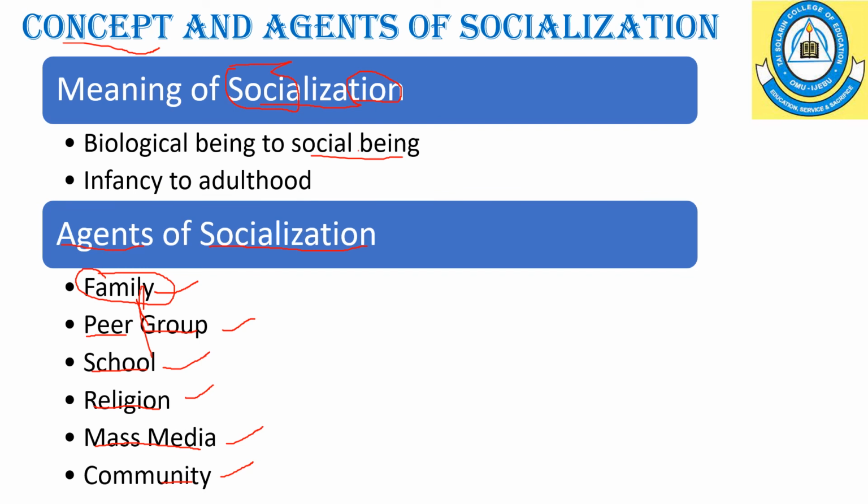So to say, we have been saying so far so good. We've mentioned just 6 agents of socialization: the family, the peer group, the school, the religion, mass media, and the community.